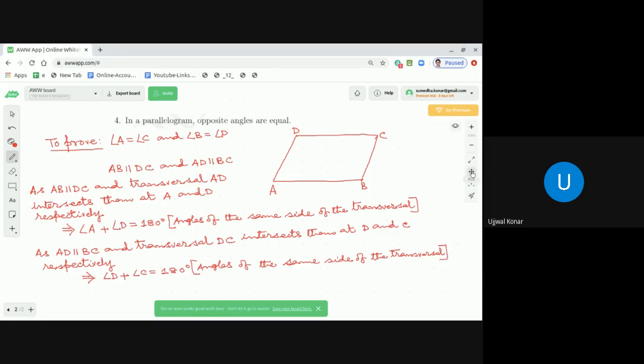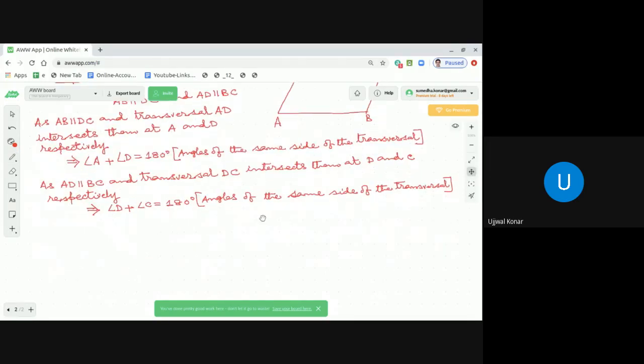Dear students, as I am solving, you can also write it down. So what we get: A plus D is equal to 180 degrees and D plus C is also 180 degrees. So we can say that A plus D is equal to D plus C. So from this and this, we can conclude that angle A plus angle D is equal to angle D plus angle C. Both sides angle D got cancelled, and what we get, dear students, is angle A is equal to angle C. Correct?